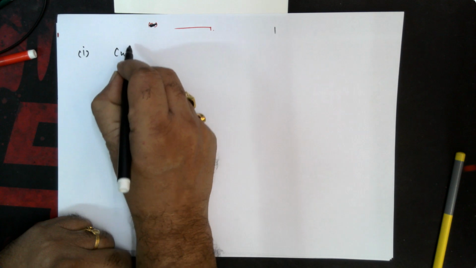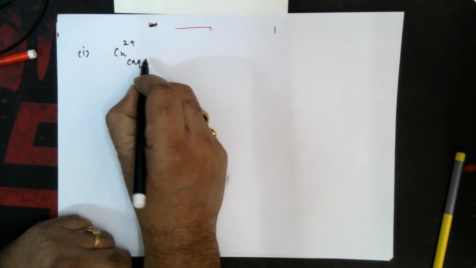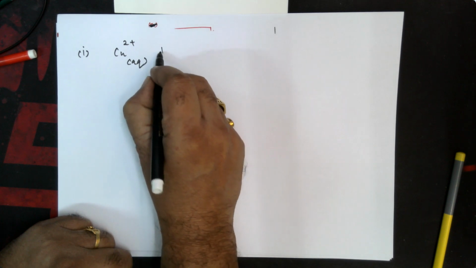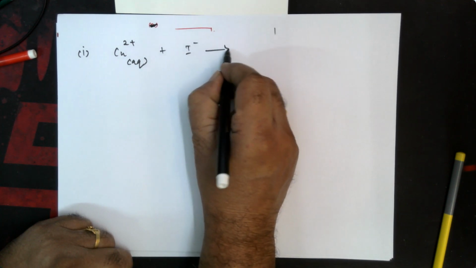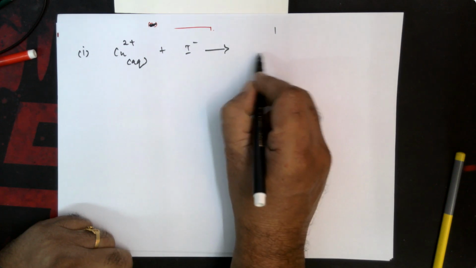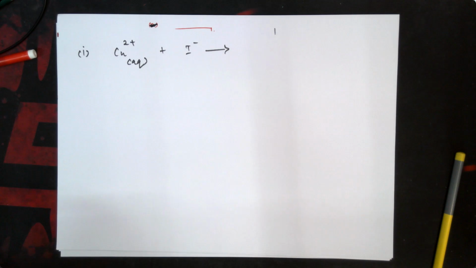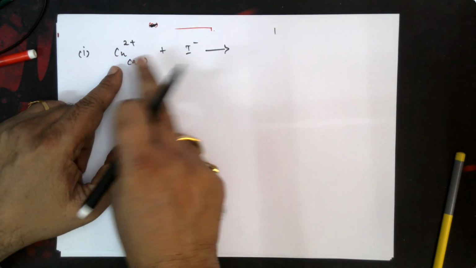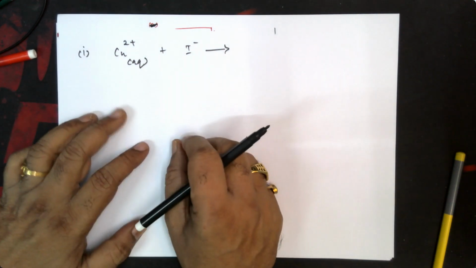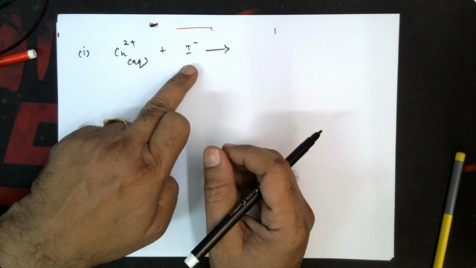Copper 2 plus in aqueous solution combines with iodide to give dash and dash. So we have to fill up. You know very well, you have to try to get the chance of combining. The copper can combine, this is the cation, this is the anion.